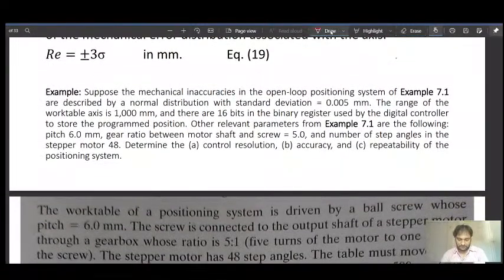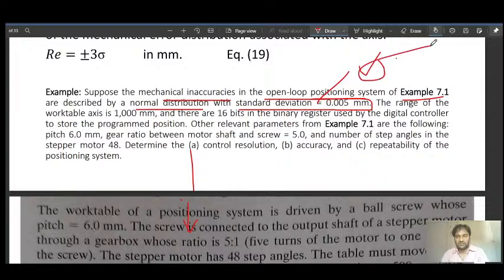Suppose the mechanical errors in the open loop positioning system of example 1, which I have posted here on the next page, are described by a normal distribution with standard deviation 0.005 mm. This one is the sigma standard deviation.